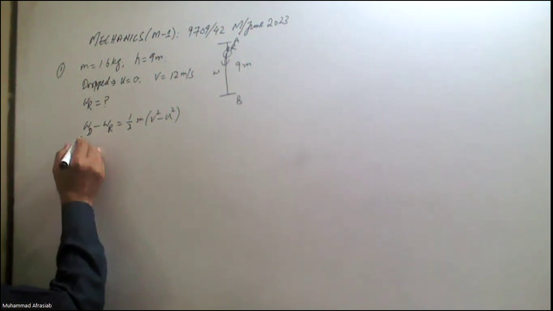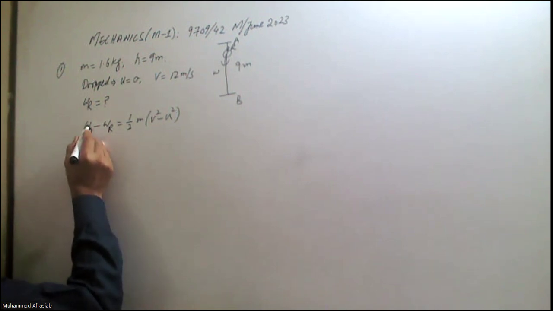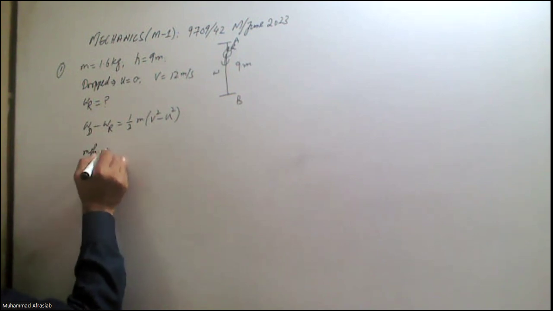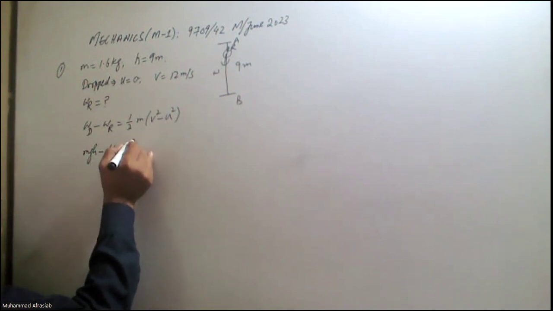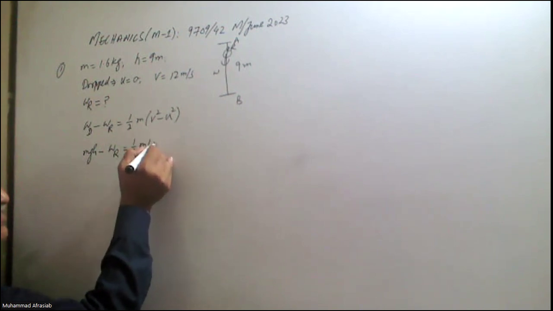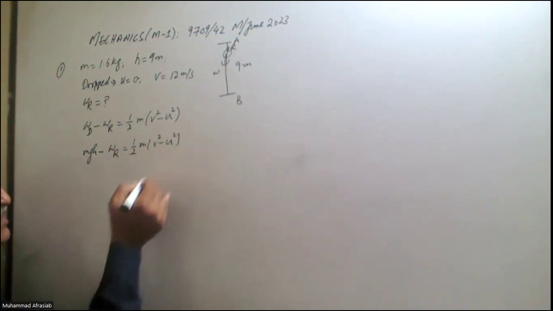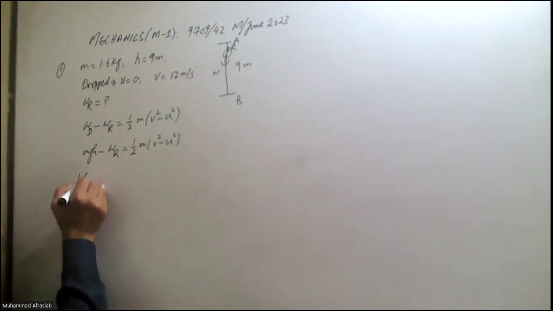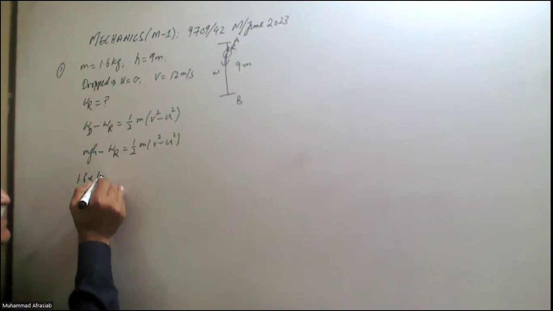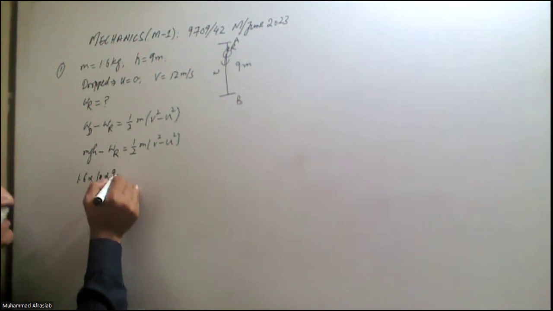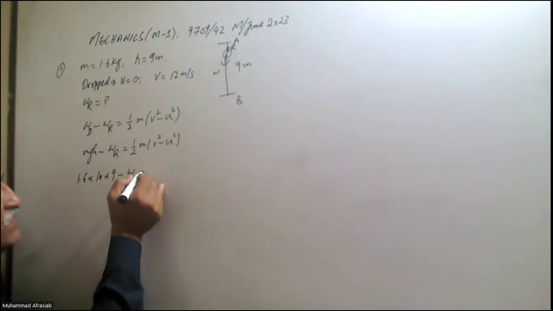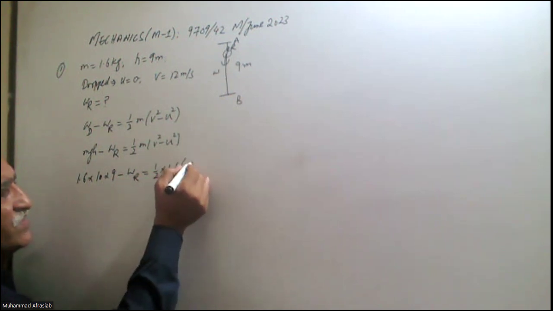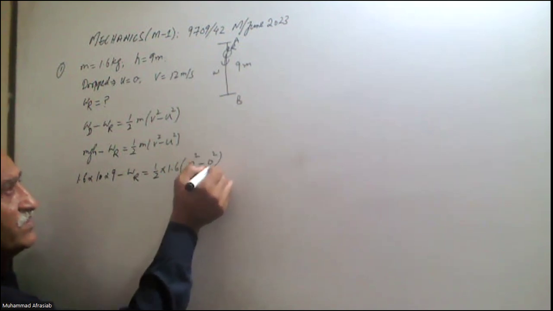So we can use this part as weight into height, that is mgh, minus work done by resistive force is equal to half m (v square minus u square). Now mass is given 1.6, g is 10, height is 9, minus work done by resistive force is equal to half, mass is 1.6, v square is 12 square, minus u square is 0.